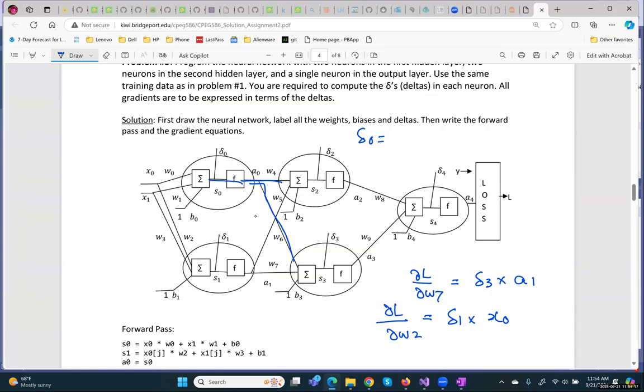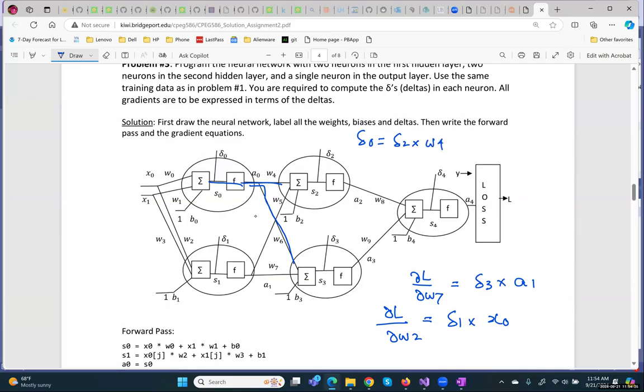So for delta 2, what will we multiply it with? As you guys said a few minutes ago, W4 is the weight that connects these two neurons, right? Then if we take a look at the bottom neuron, this is delta 3. So delta 3 is being connected via W6. Once again, this is how you'll program it.